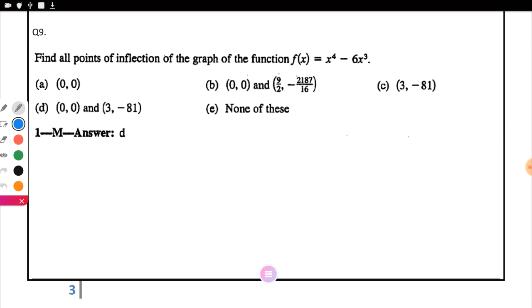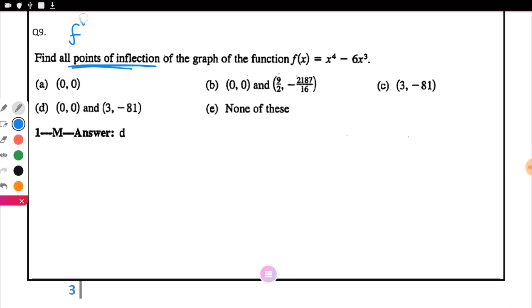Here, look here, find all inflection points of the graph of the function f(x) equals x^4 minus 6x^3. Before I begin to solve any problem, I have to know what I'm asking about. I'm asking about what? Point of inflection. What are the properties of the point of inflection?